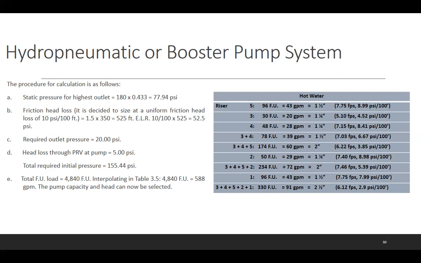Now, the total FU load combined hot and cold is 4840. So, this is 588 GPM. So, the pump capacity and head can now be selected.